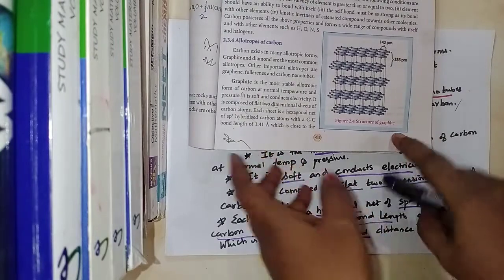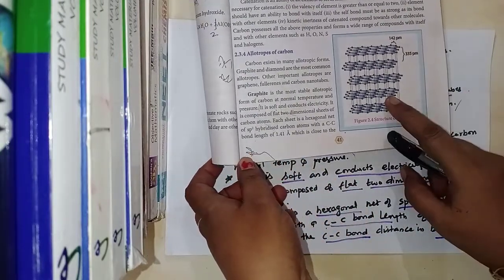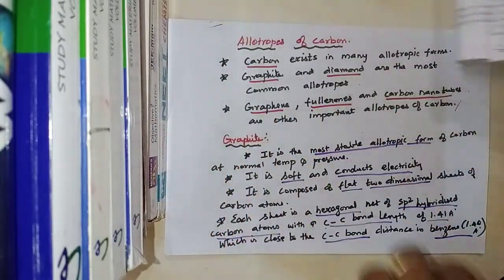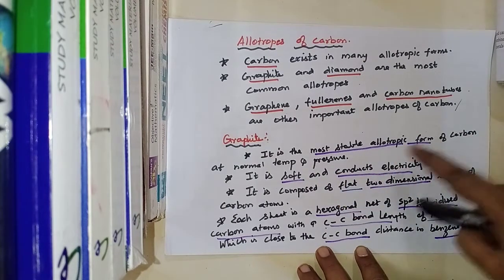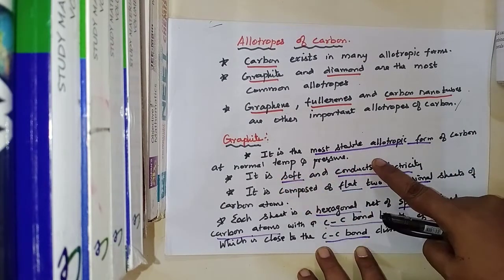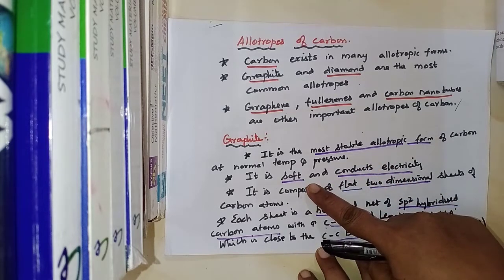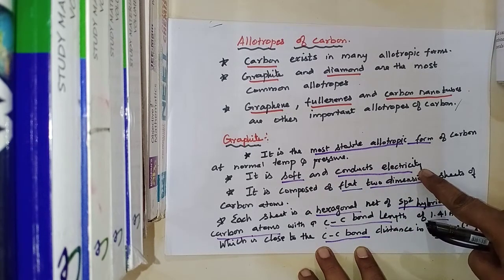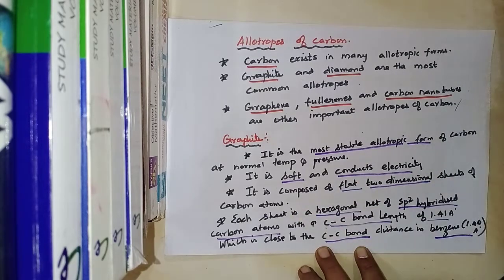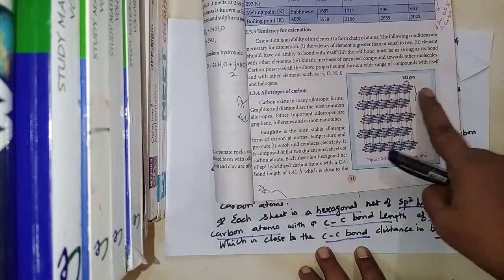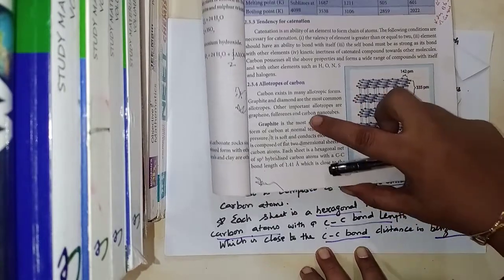This is the structure of graphite. It is the most stable allotropic form of carbon at normal temperature and pressure. It is soft and conducts electricity. It is composed of flat two-dimensional sheets of carbon atoms.